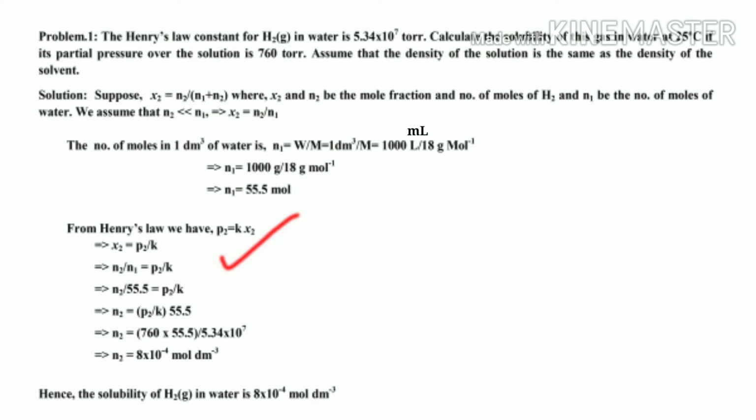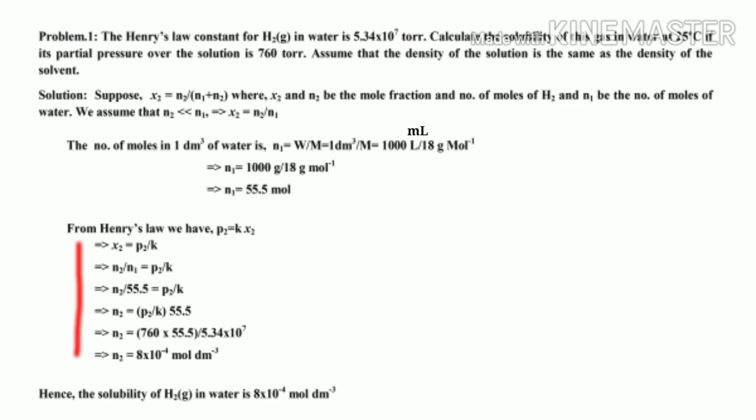Now from Henry's law we have P2 equal to K into X2. So this implies X2 is equal to P2 by K. Now X2 is equal to n2 by n1 and equal to P2 by K. Substituting the value of n1 equal to 55.5, this implies n2 is equal to P2 by K whole into 55.5.